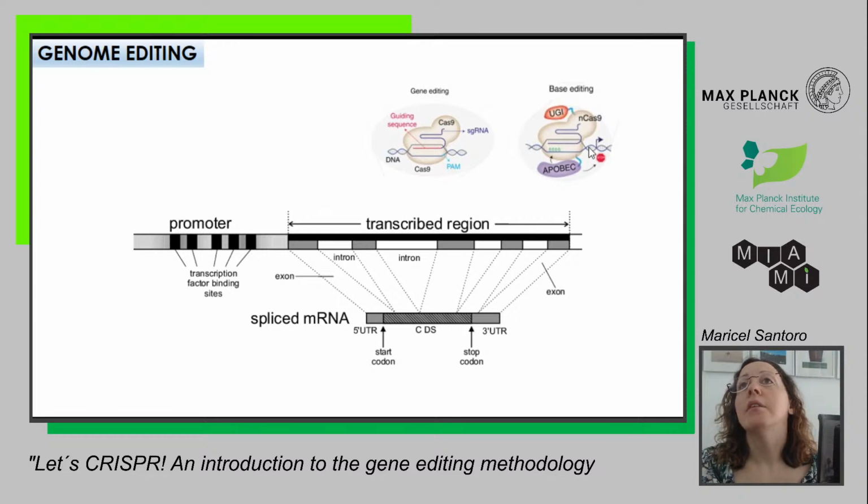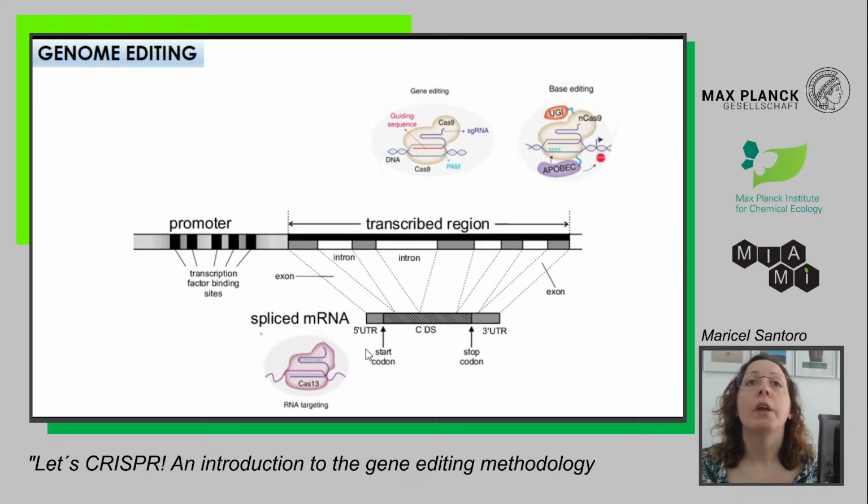In base editing, we don't cut the DNA anymore, but together with the Cas, there is another effector which can change one base or nucleotide to another. For example, we can change a thymine to a cytosine, a guanine to an adenine. It's a more precise modification of the gene, and it's just punctual.